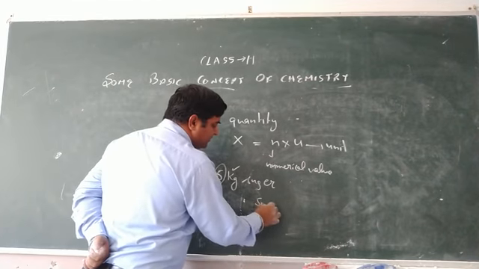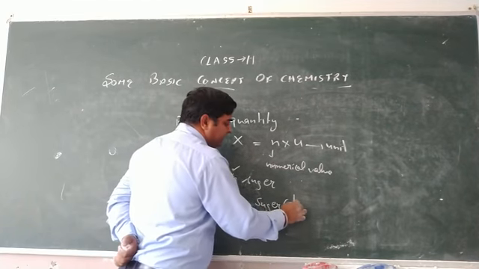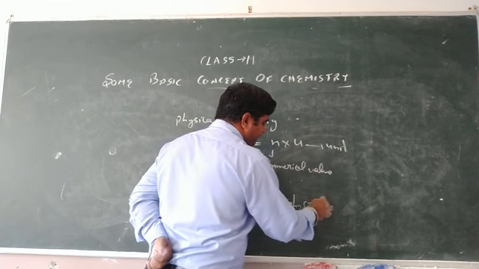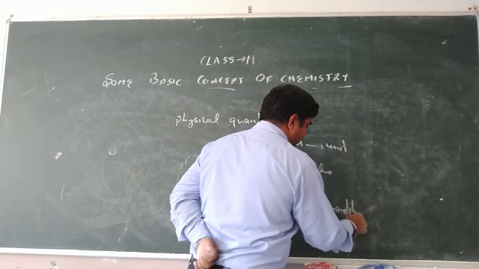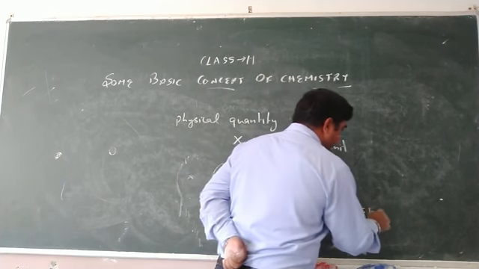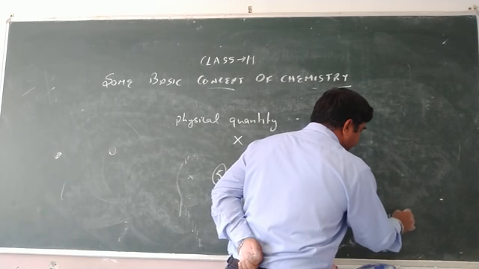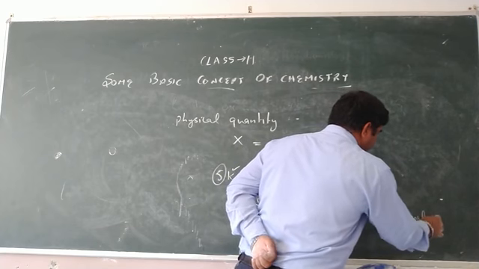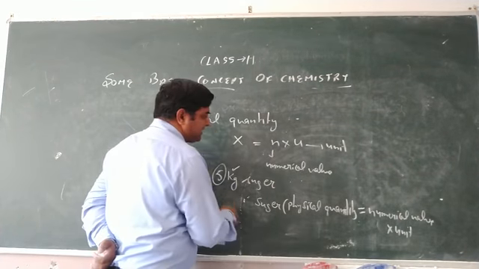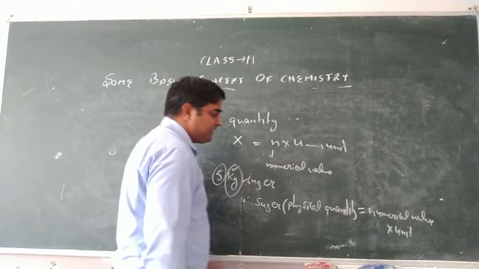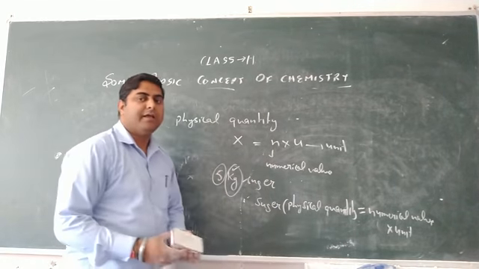So we say sugar, that is physical quantity, equals numerical value, that is 5, into its unit, that is kg.